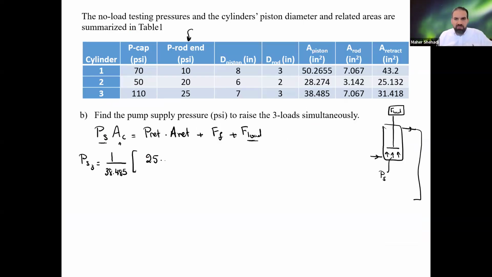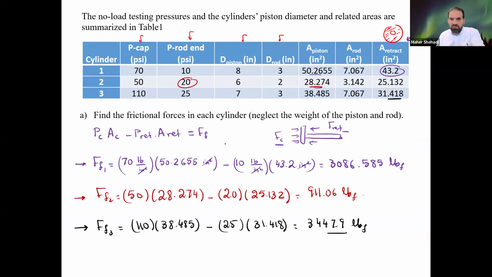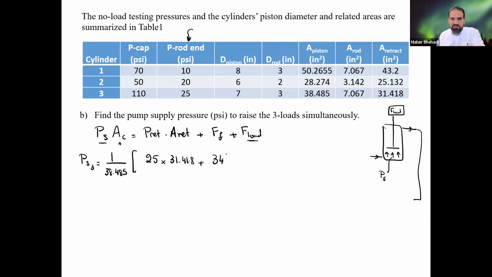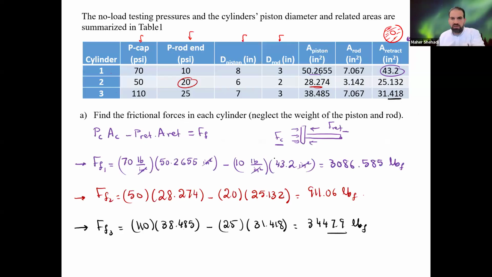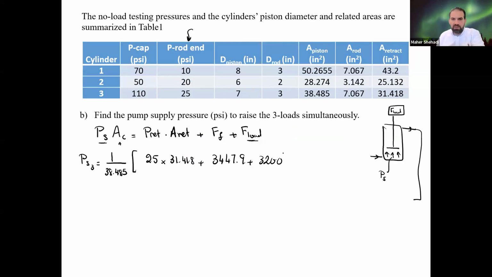So 25 times the retract 31.4 plus the friction for cylinder 3, we found it 3447.9, plus the load on cylinder 3, 3200. That's why I said if you can print this information before, so you don't have to keep going back and forth. I have it here.